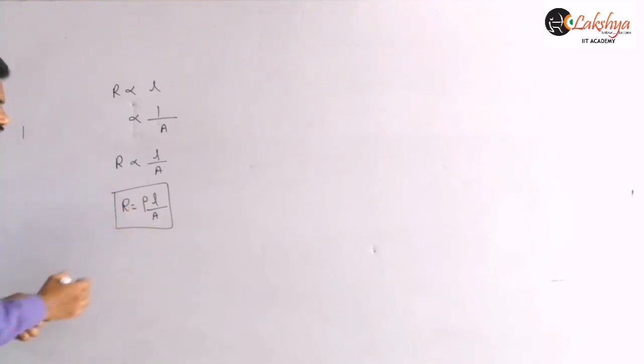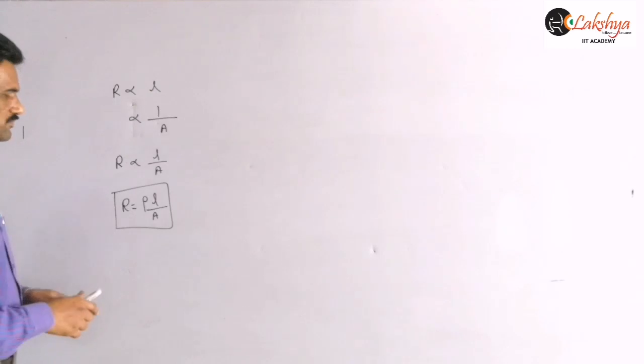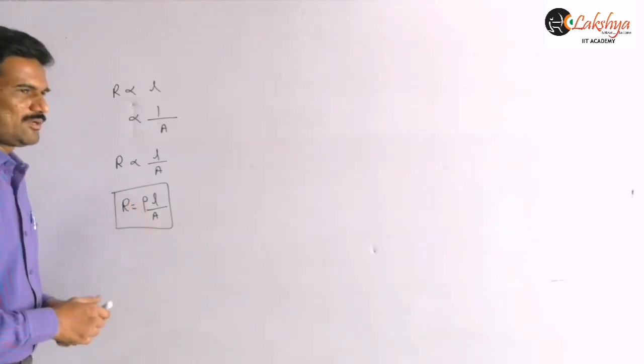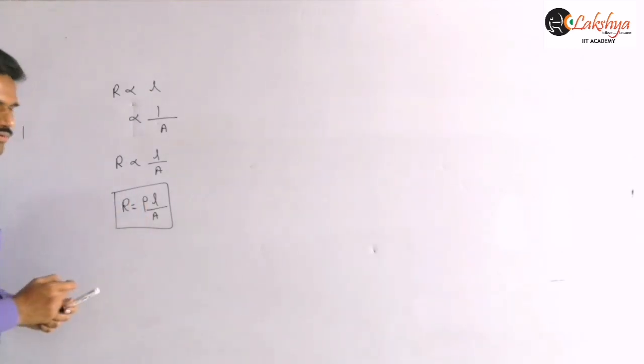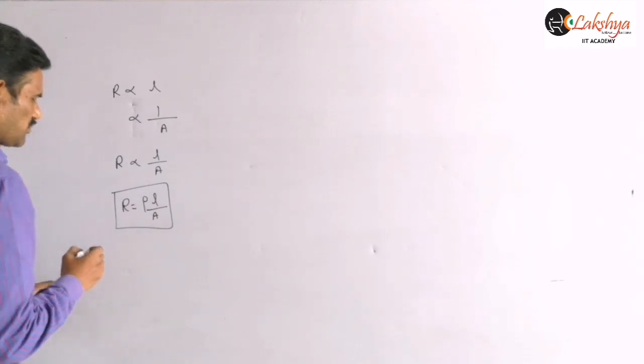I think all of you know about these relations. It is there at school level also, right? So R is equal to rho L by A, where L is the length of the material, rho is the resistivity of the material or specific resistance, and A is the area of cross section.